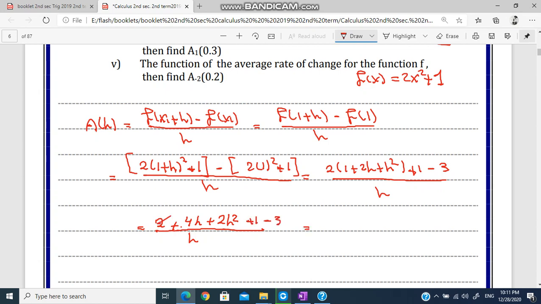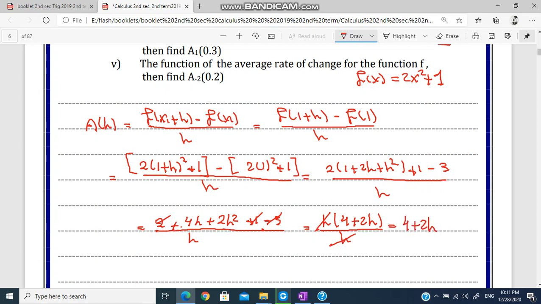So 2 and 1 and negative 3 will be cancelled. So it will be 4h plus 2h power 2 over h. Take h as common factor. It will be 4 plus 2h all over h. Cancel h with h. It will be 4 plus 2h.